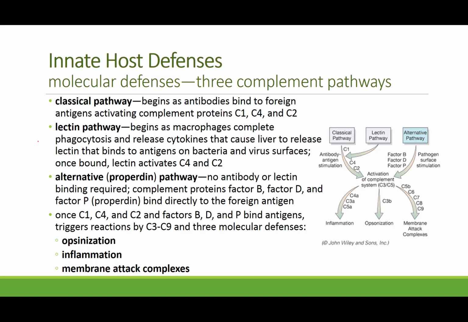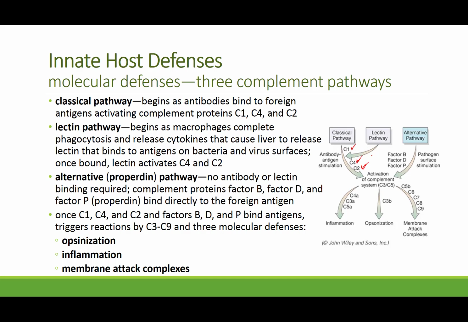Lectin binds to antigens on the bacteria and to viral surfaces, and once it binds, then it skips C1, but it activates C4 and then C2. So we got the classical pathway, which is C1, followed by C4, and then C2. The lectin pathway kind of hops in and goes straight to activating C4 and then C2.